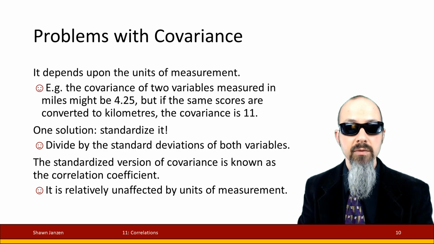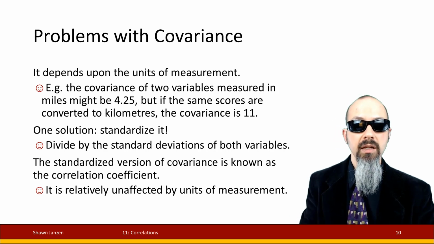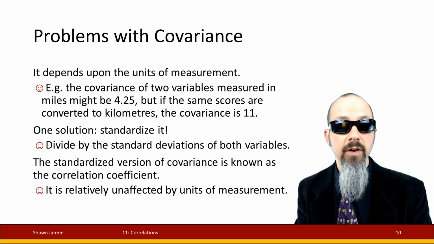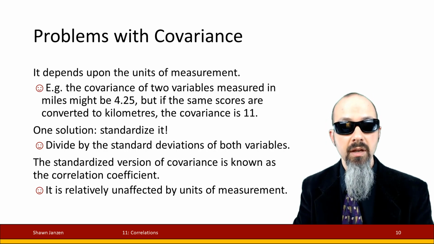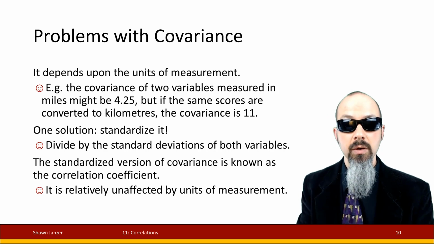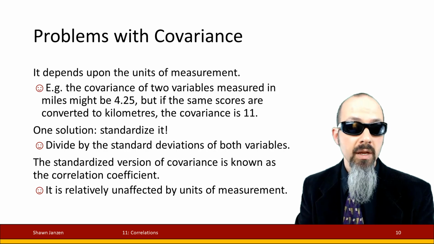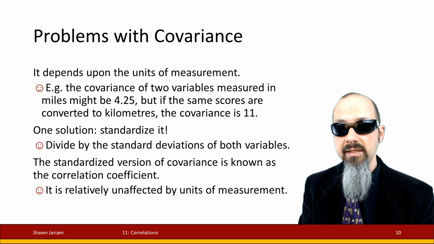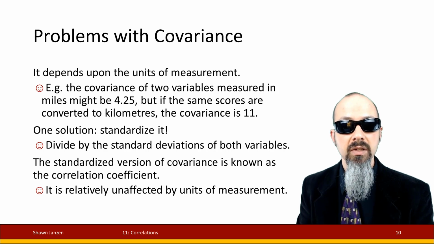So if you have, let's say, a covariance in miles, and you want to go ahead and convert it to kilometers, the covariance function changes as well. Well, the covariance function doesn't change, but the covariance number reported does. So if we were to convert this to kilometers, our covariance of 4.25 is now an 11. So if you're dealing, let's say, with an analytics team at different points in the world and you're on different units of measure, this could cause a little bit of problems.